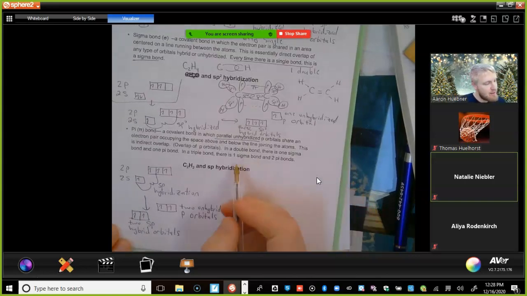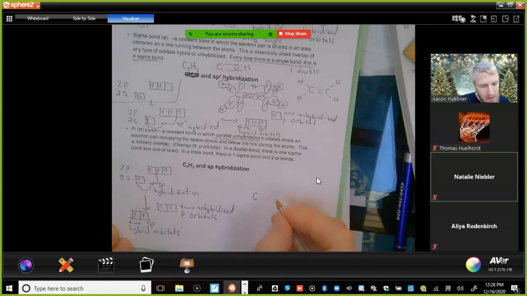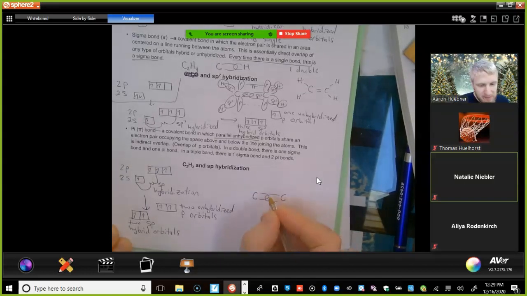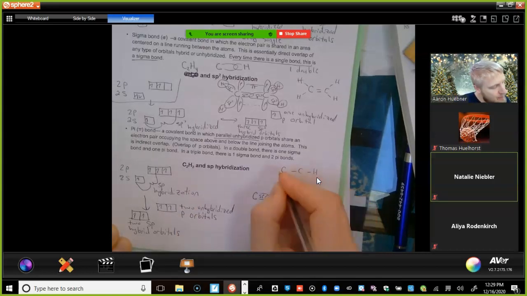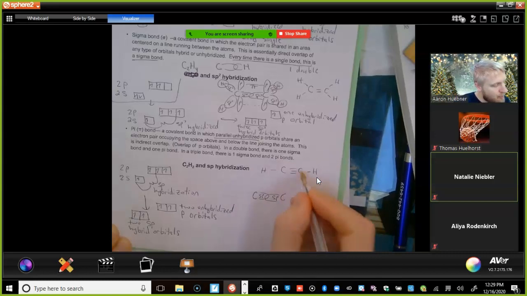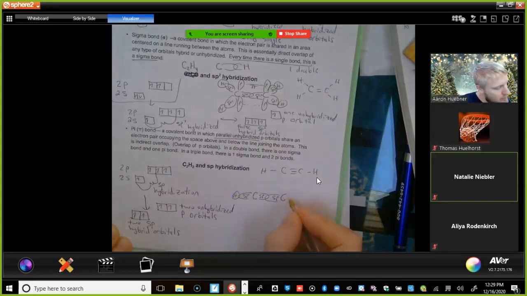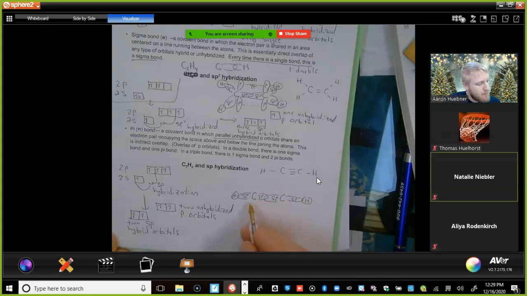So then drawing the picture, just as it said here, 1 sigma bond and 2 pi bonds, it gets a little in need of artistic skills, which unfortunately I lack. We got sp, a direct collision, that's our 1 sigma, and then let's just write this out. We're going to need a triple bond in there, 2, 4, 6, 8. So there's our sp. Again, we got 2 sp hybrid orbitals, 1, 2.